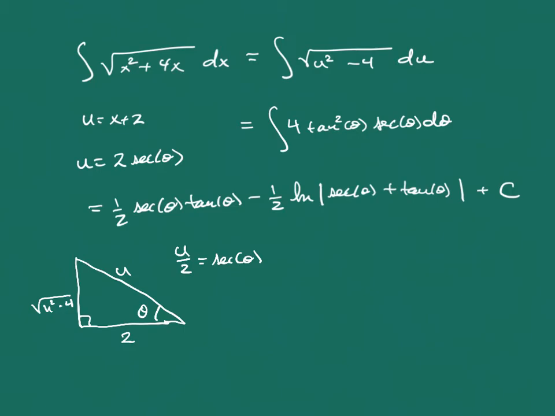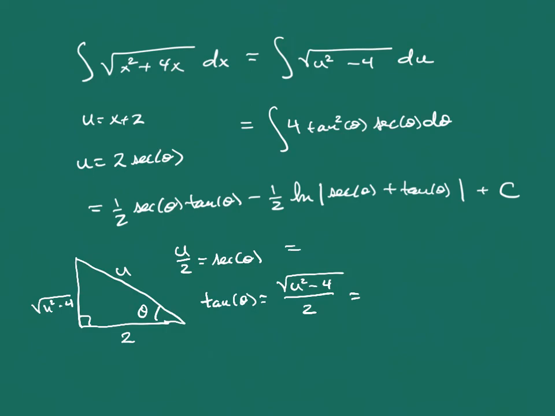Okay. So if we wanted our secant, that was just going to be u over 2, and so our tangent of theta, opposite over adjacent, is just going to be our square root of u squared minus 4 over 2.